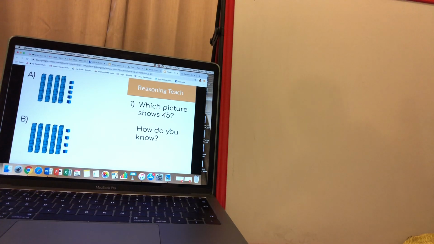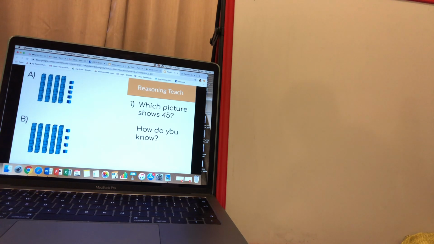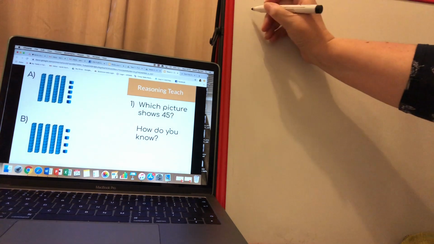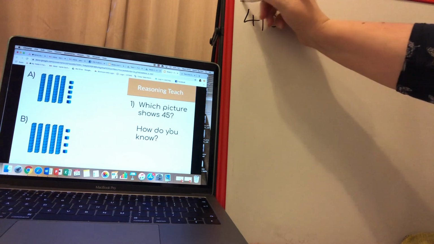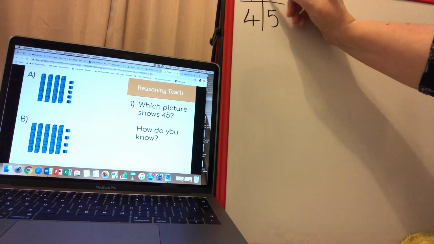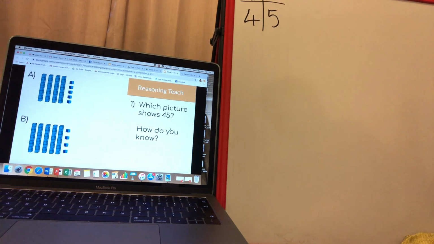So our reasoning today, we've got to decide which picture of the deans shows the number in the question. Which picture shows 45? Okay, well what we need to do is look at each digit. 45, if you think about it in a tens and ones grid, we would need 4 tens and 5 ones.